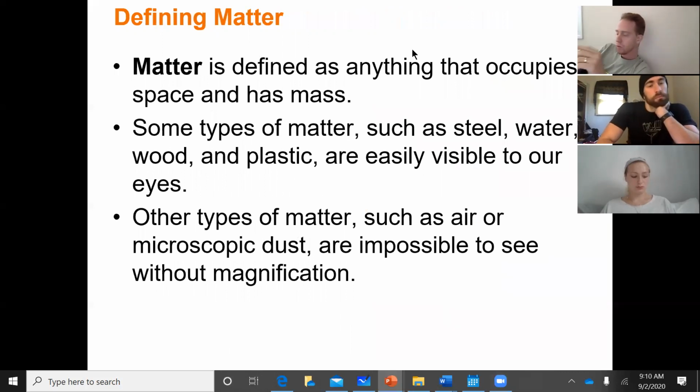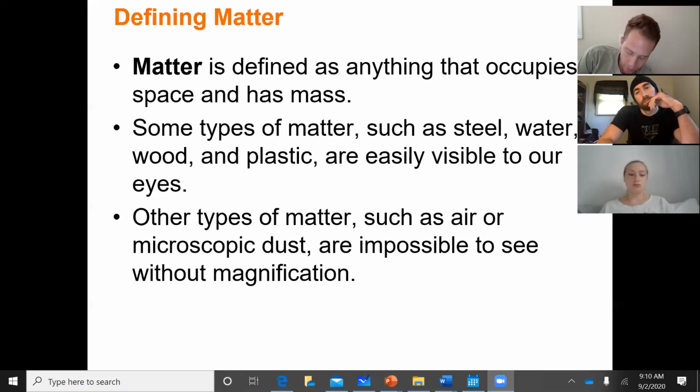So what do we define matter as? It's defined as anything that occupies space and also has a mass. So you have to have those two things. Some types of matter we can see with our eyes. So steel, water, wood, plastic. We can see those things with our eyes. So we can say, yeah, it's pretty obvious that it has matter.